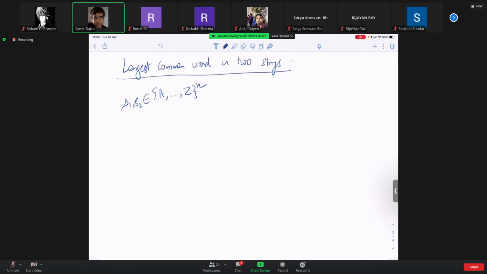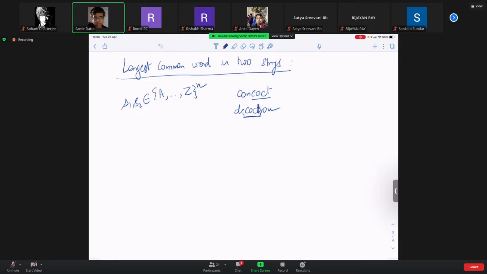So what is an example of this? For example, you say the words concoct and decoction. These are two different words, and this is a subword which is common between the two.